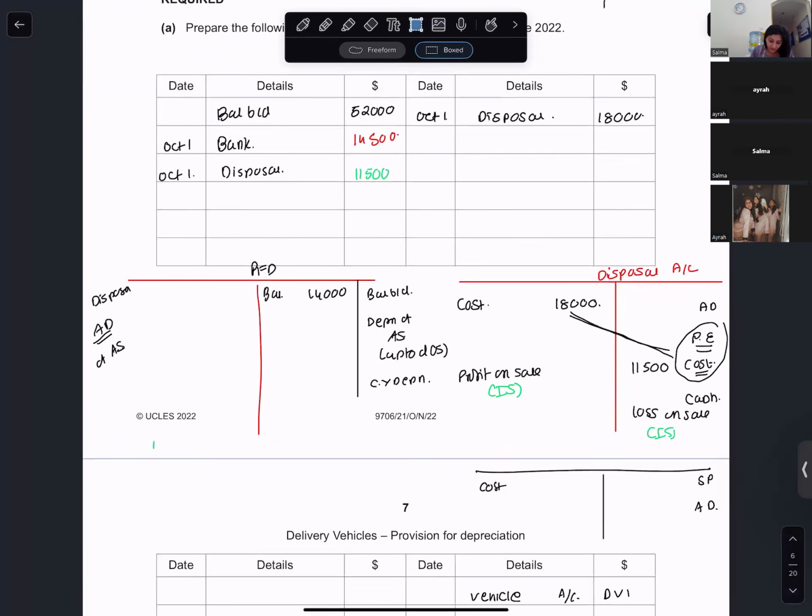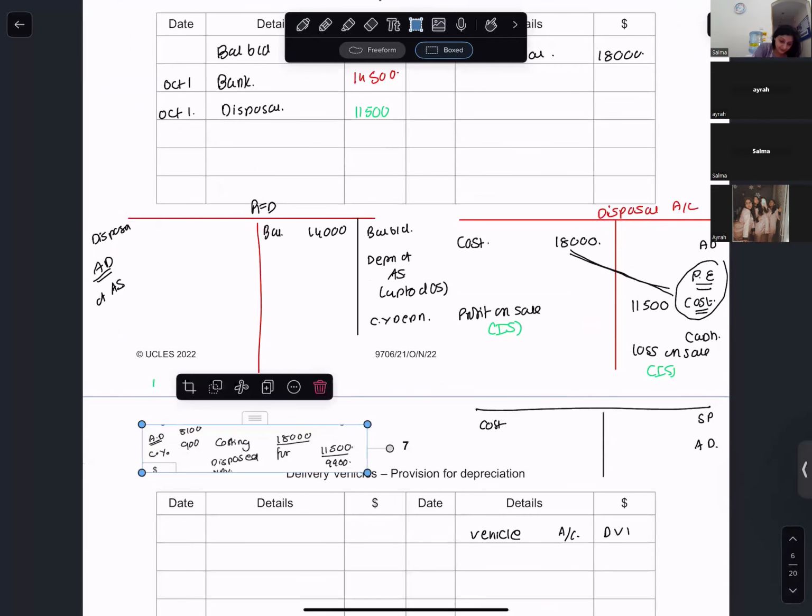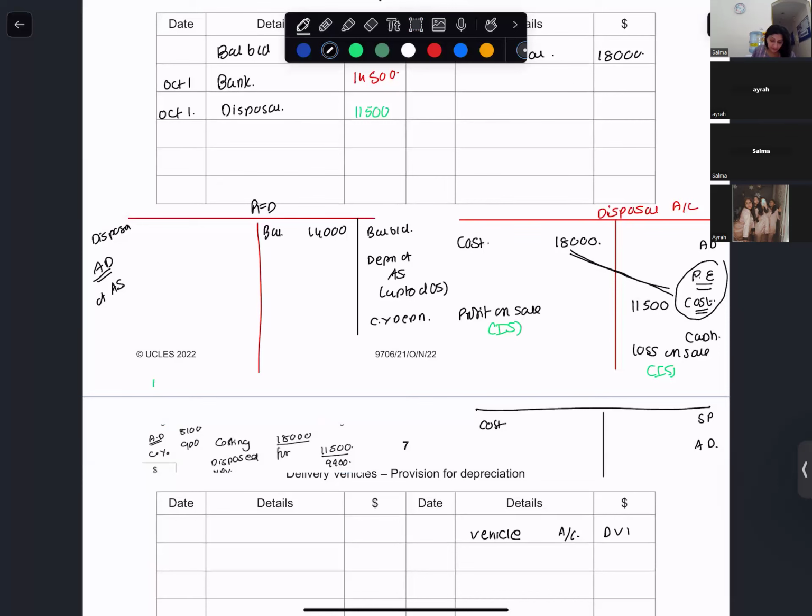Delivery vehicle at cost is already incorporated, right? Let's talk about provision for depreciation. Accumulated depreciation of the assets sold up till the date of sales will come over here.